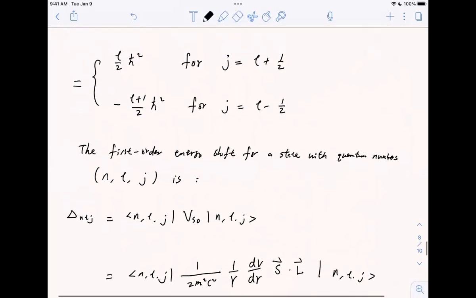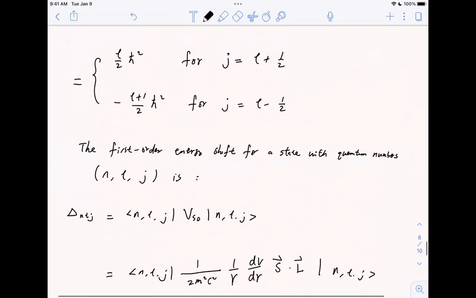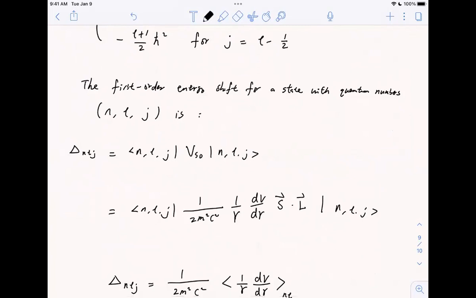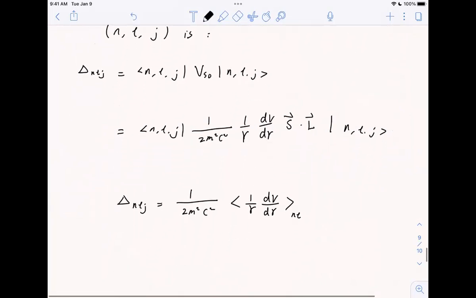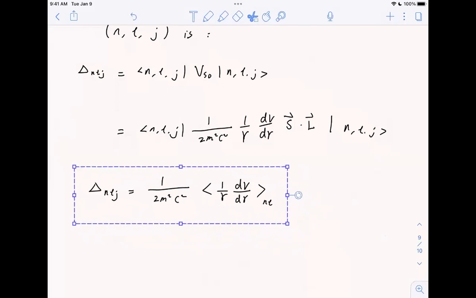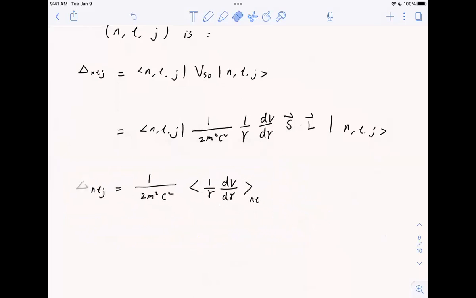Okay, this will give you the energy shift, and this part will only depend on N and L, because this is the orbital part, and then you have h bar square.